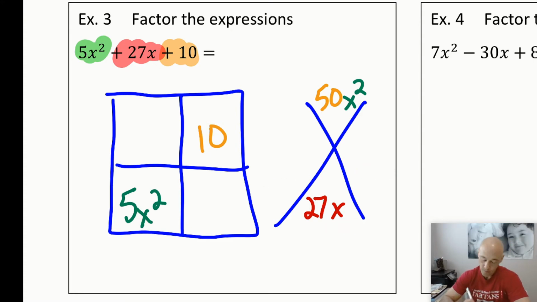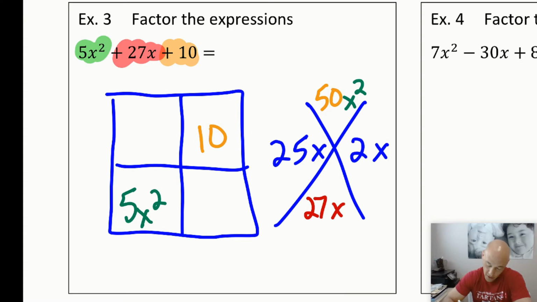I know they have to both be x, and they're both positive because this is positive and this is positive. And 50 and 1 wouldn't work. 25 and 2, that's what works. So 25x and 2x multiply together to give me 50x squared, add together to give me 27x. So now I have 25x and 2x.